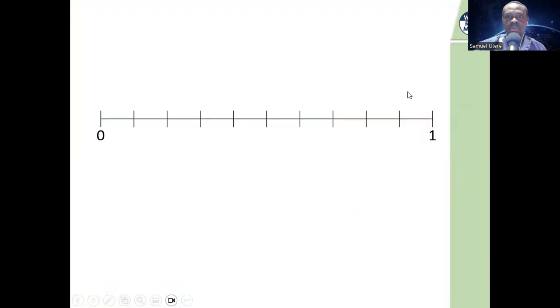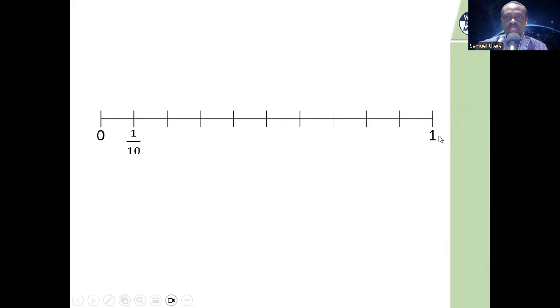Your first example, if you're asked to place decimals and fractions on this number line, what would you do? Well, remember that we have 10 intervals between 0 and 1. So using our knowledge of how to place labels on number lines, we will find the difference between the start of the number line and the end of the number line.